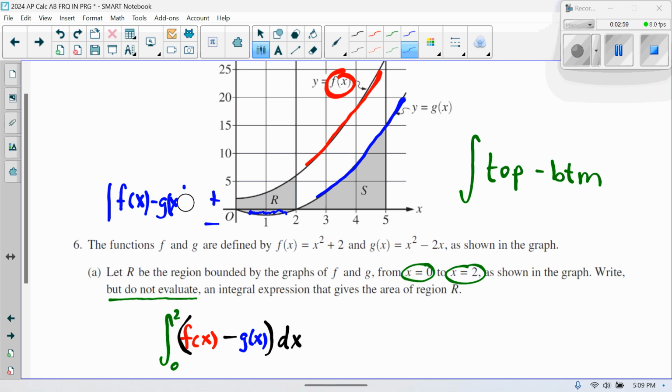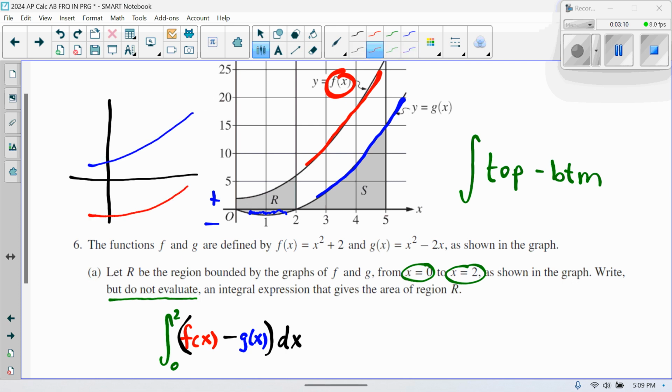Let me explain with a little graphic, children. If I have a graph that comes up here, and a graph that comes way down here, and I want the area from here to here, let's say for conversation's sake, this is at 4 and this is at -3 on the y.